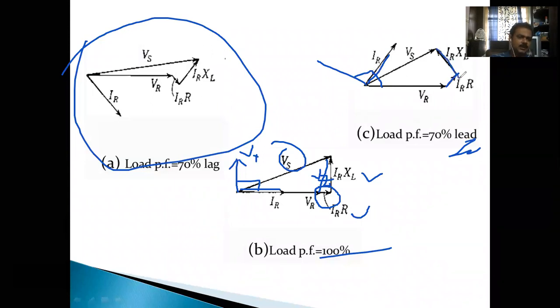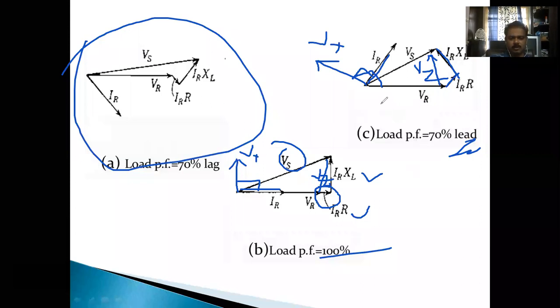So here it is the reactance drop. If we observe the voltage across reactance, again it is making 90 degrees with the current. That's why I have represented it in this fashion. So now again this becomes Vz. VR plus Vz is equal to Vs in case of capacitive.